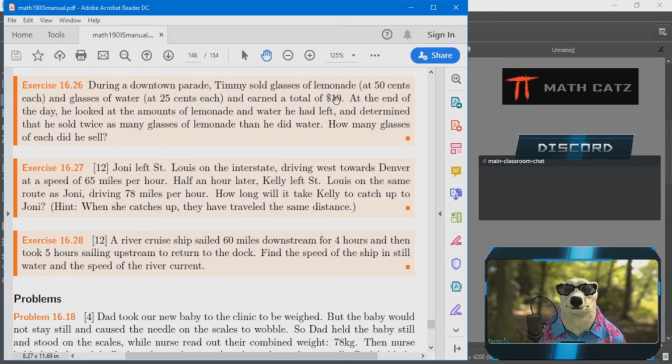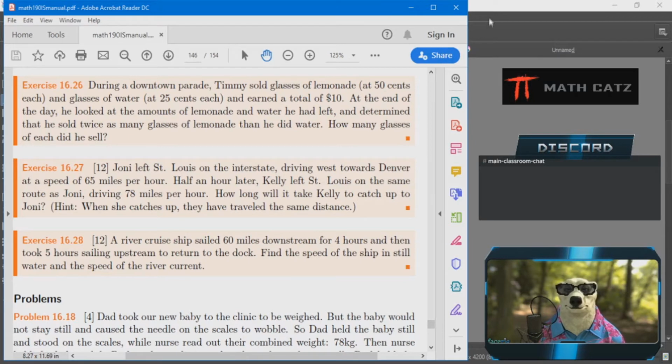So now you have to be a little careful. Some parts of the information are given in cents, some parts are given in dollars. So we have to make sure that our units throughout the equation are the same. So you then decide, do you do dollars, do you do cents? I don't really care.